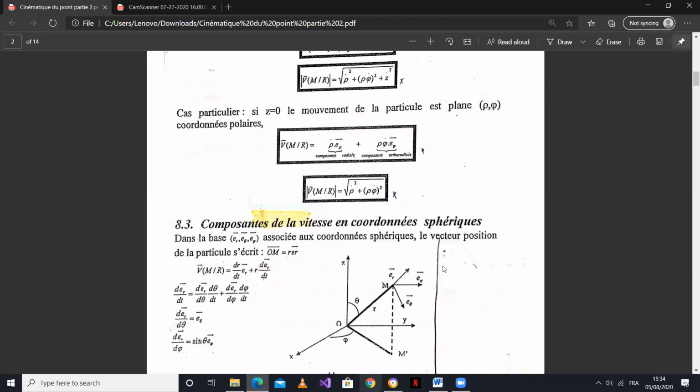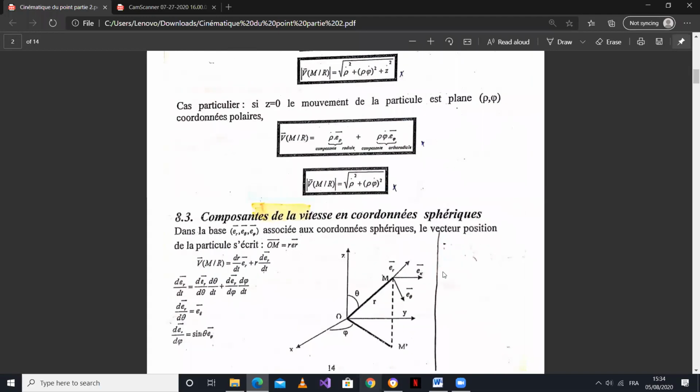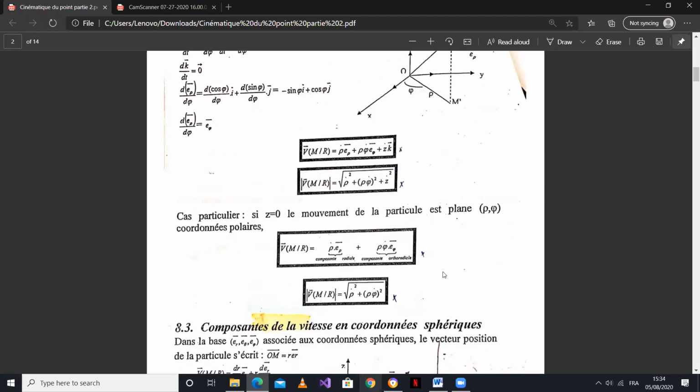Excuse me, can you repeat here, the network was cut? Okay, I was saying coordonnées polaires. Whenever you hear coordonnées polaires, just think of coordonnées cylindriques, but with z equal to 0. The z coordinate in the coordonnées polaires is equal to 0. So it's like you are just in the horizontal plane. There's no vertical plane because the z axis represents the vertical axis.